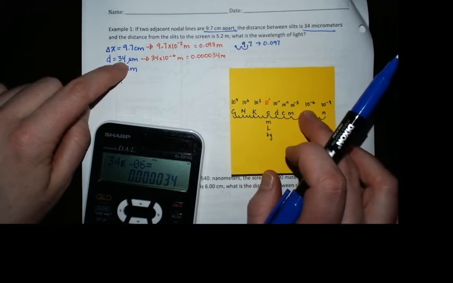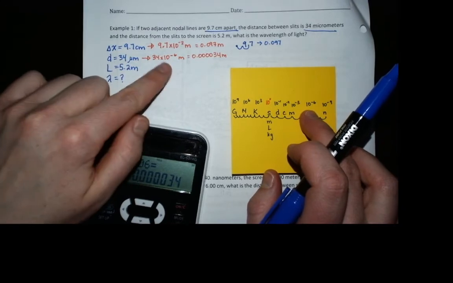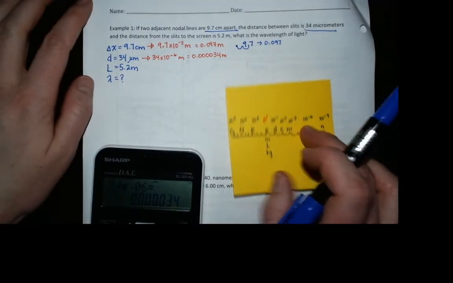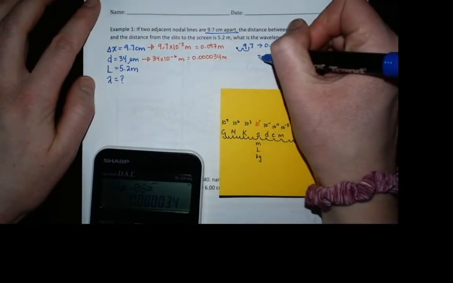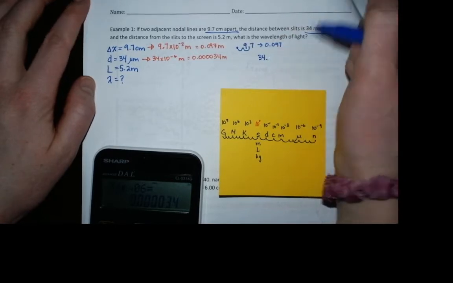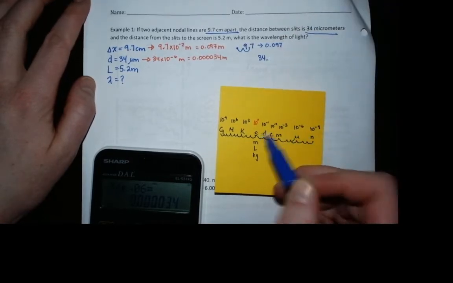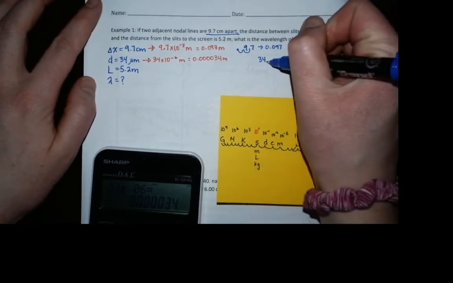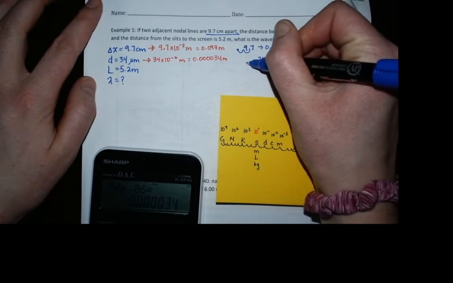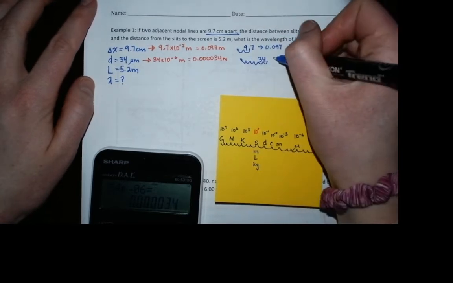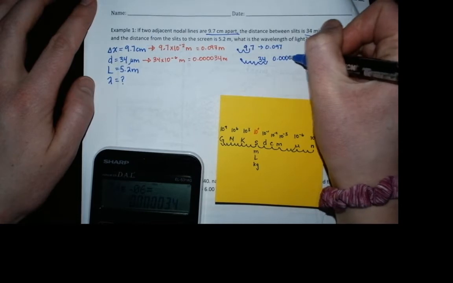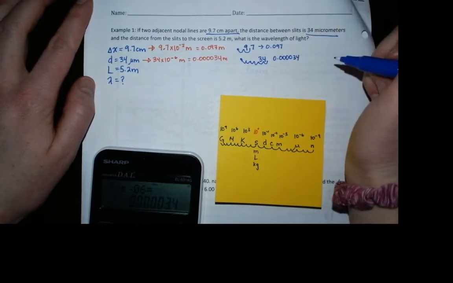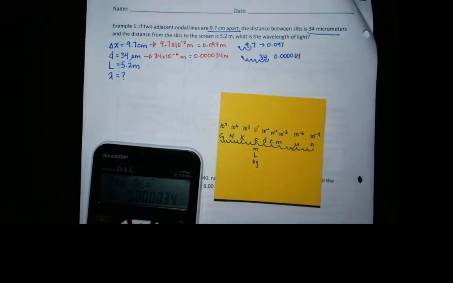So we multiply whatever number it is, 34, times 10 to the power of negative 6. Or, if you prefer the decimal moving method, we move our decimal 6 times to the left. 1, 2, 3, 4, 5, 6. So we end up with 0.000034. Okay?